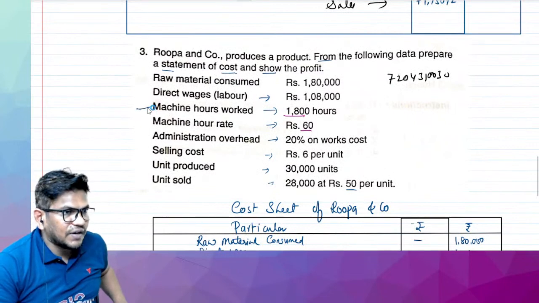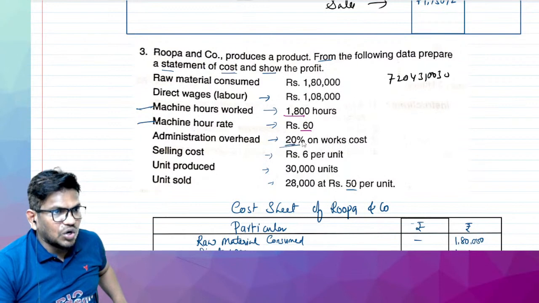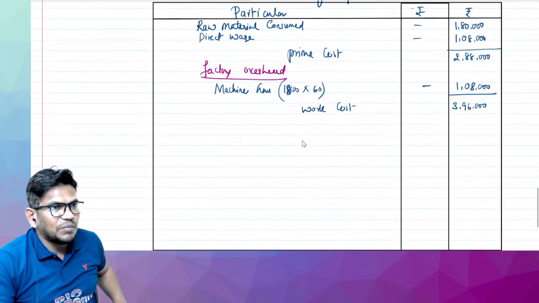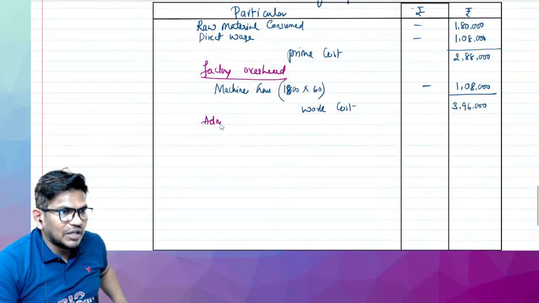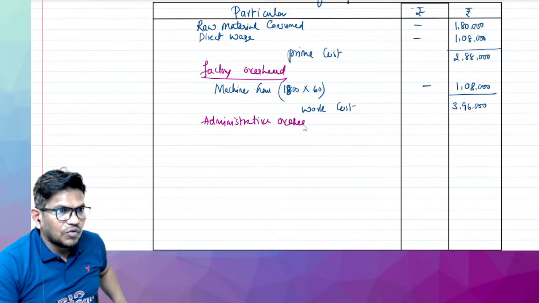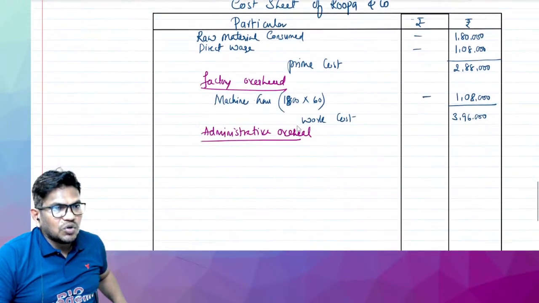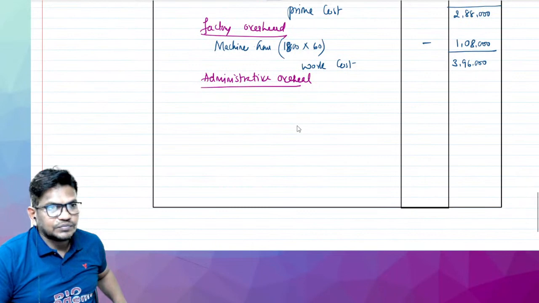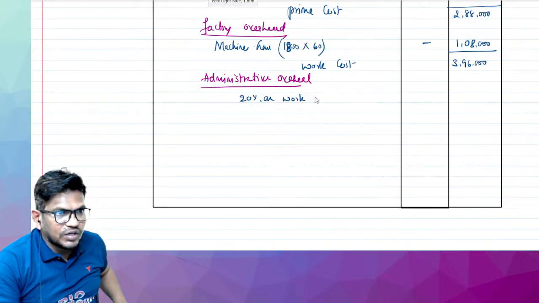That's fine, this is done. Administrative overhead is 20% on work cost. No problem, just copy paste like the same problem as before, children. Administrative overhead, what is this? 20% on work cost.